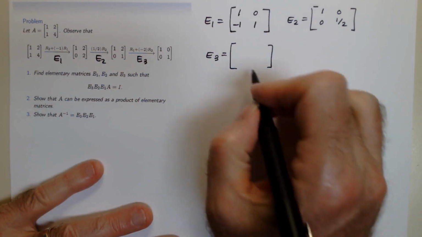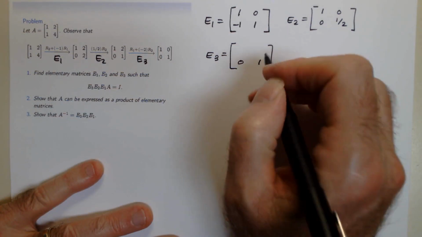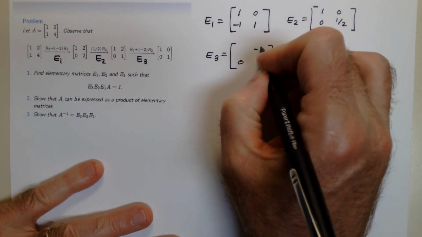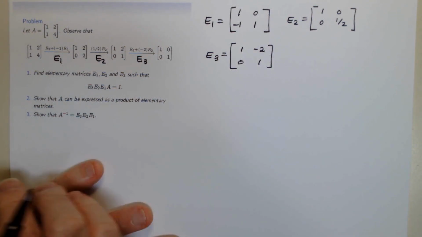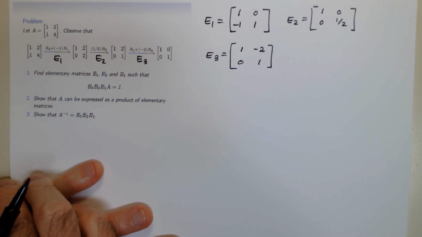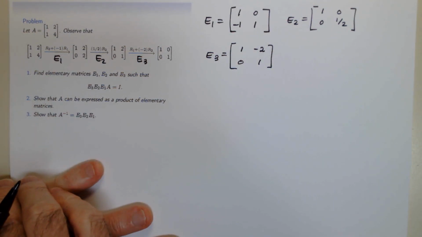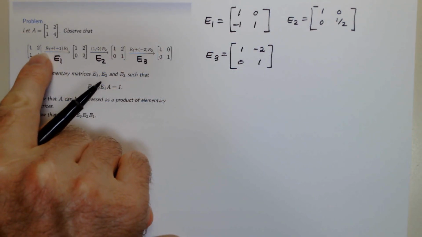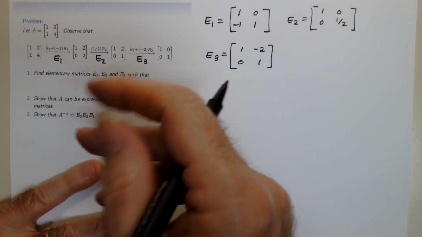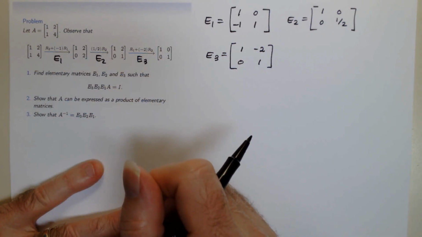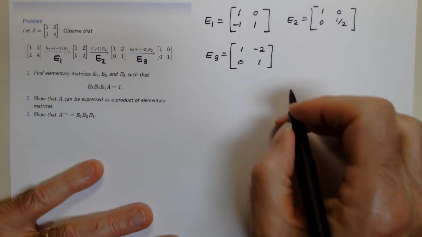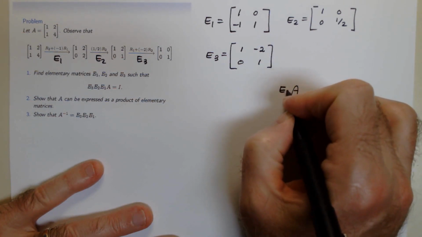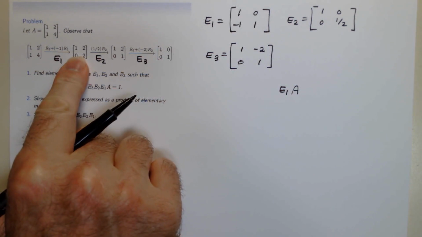So the second row is the same, and the first row changes by taking -2 times this and adding up. So we'll have the -2 in this position, and we'll still have the 1 in that position. Okay, so according to our theory, the theory being that there's an elementary matrix that affects this row change or this row operation by multiplication on the left, what we've shown is that if I take the matrix A and apply E1, that's going to take me from here to here.